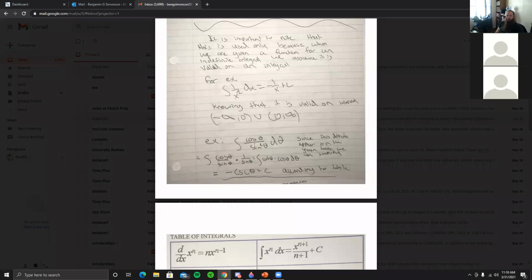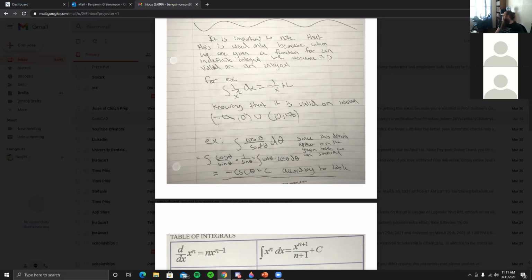Here, another example, we have the integration of cosine theta over sine squared theta, d theta. We can simplify this before taking the derivative. With indefinite integrals, a big part of solving trig functions or even polynomials is that some of these functions get really nasty.